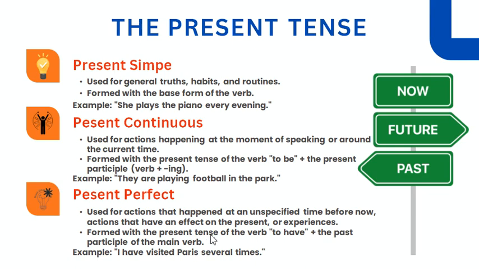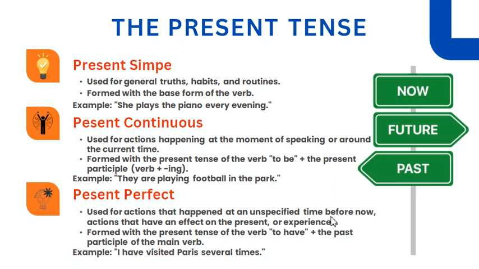I can give you another example which shows the first definition, the first meaning: used for an action that happened at an unspecified time before now. Let me give you one of the best examples.